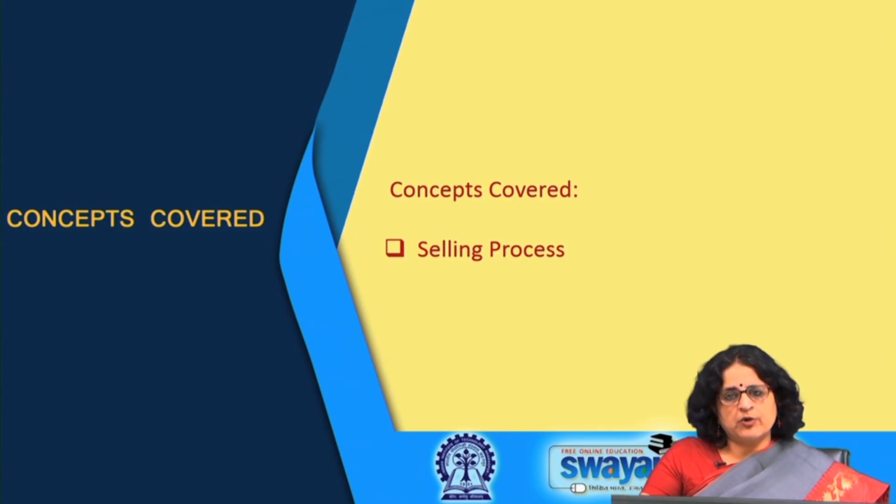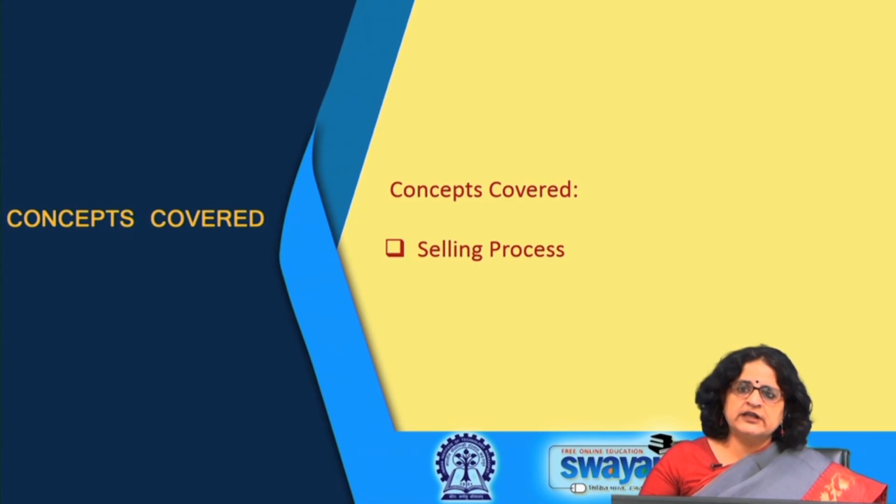So the process is not very complex in terms of low involvement products. Neither does the salesperson have to put in a lot of effort, nor does the customer or the prospect go through a very complex cognitive process before he decides to buy a product which is low on involvement. This is typically in the case of B2C.